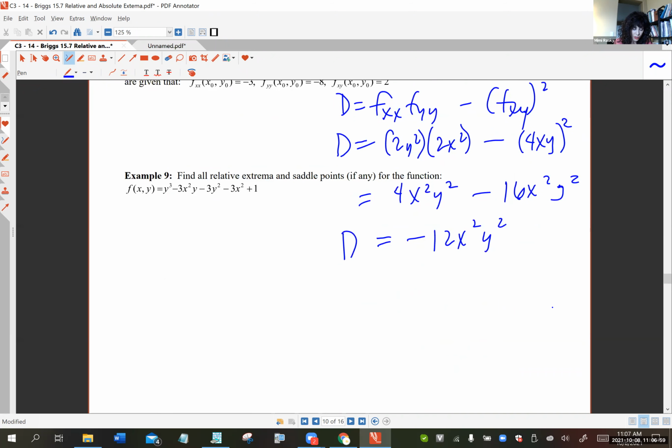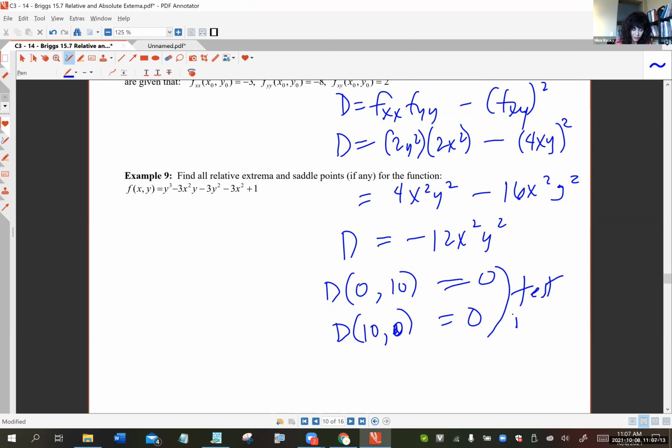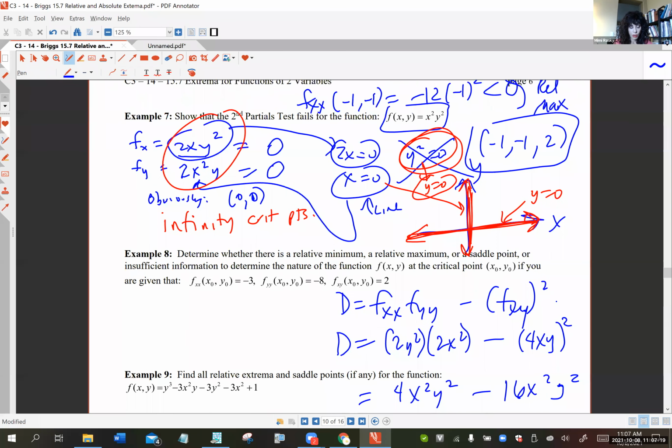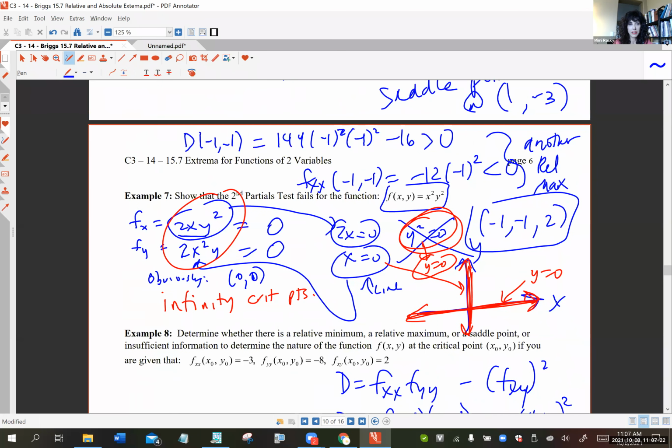Okay, fine. So now if you plugged in, say, 0, 10, D is 0. If you plug in 10, 0, D is 0. So this means the test is inconclusive for any of those infinity critical points. So are they maxes, mins, or what?